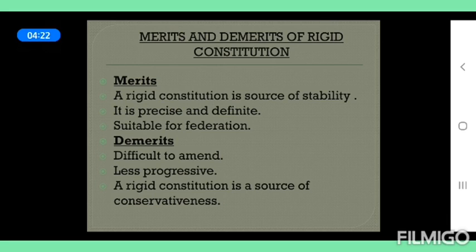So we can say that the constitution of a state shall have the ability to change and develop, adjusting itself, students, to the changes in its environment, as well as to meet new challenges and demands which always keep emerging in its environment. So this is another demerit of a rigid constitution.